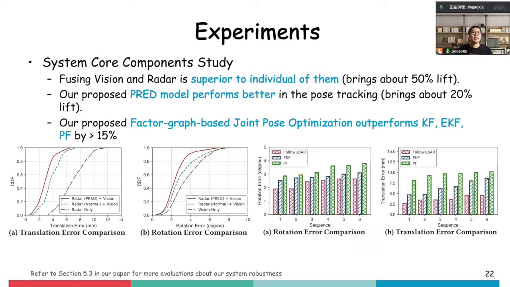And the proposed factor graph-based joint pose optimization framework outperforms Kalman filter, extended Kalman filter, and particle filter by more than 15%. This outstanding performance, on the one hand, is due to the leverage of the factor graph. On the other hand, it lies in our theoretical derivation of error distribution from radar and camera tracking models.